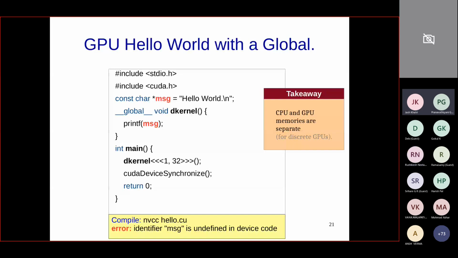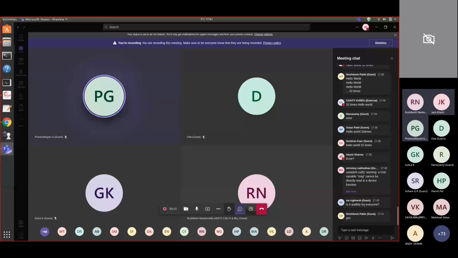Hello, sir. Any questions? Yeah, please go ahead. Yeah. So would this program run if we declare the message in the kernel instead of making it global? Yes, taking your question with the help of this slide, if you declare it inside this kernel body, and if you print it, it should 100% work.